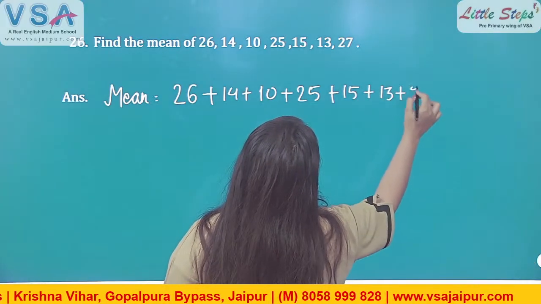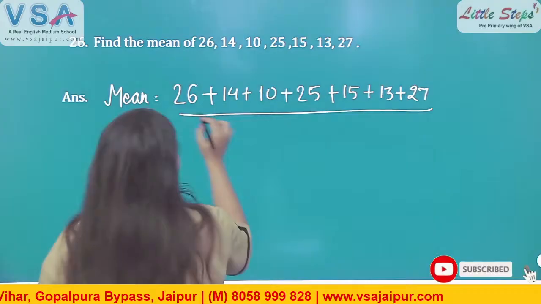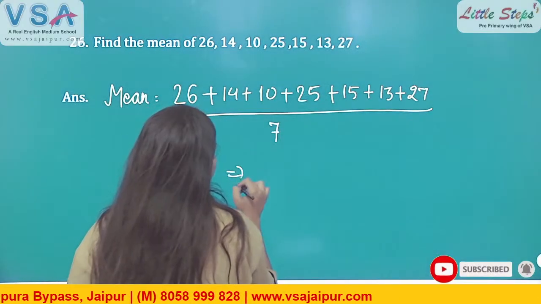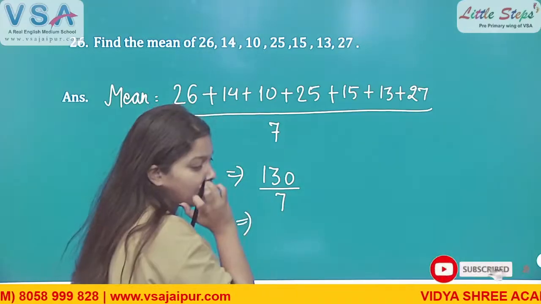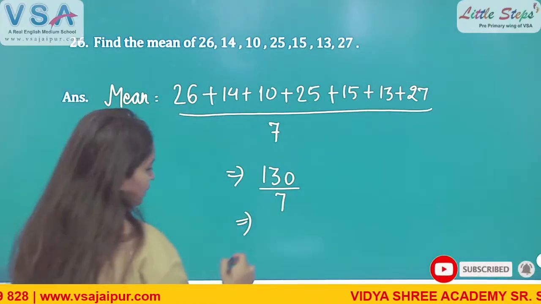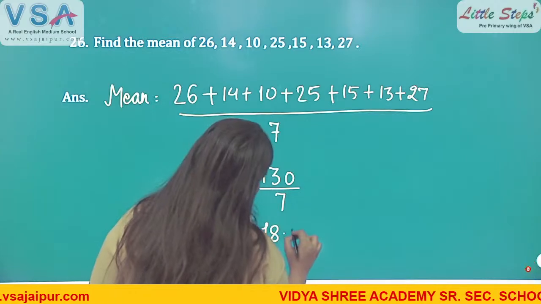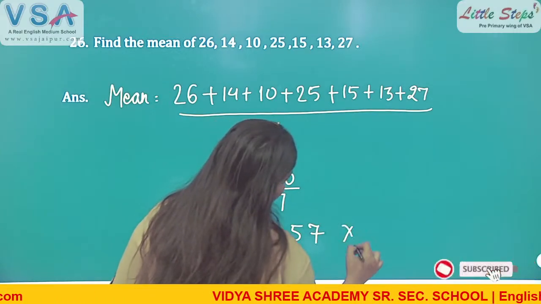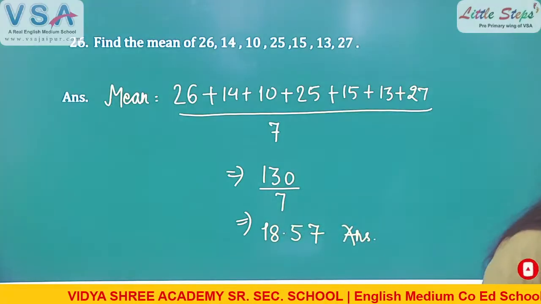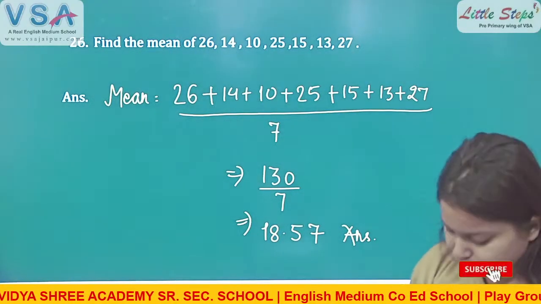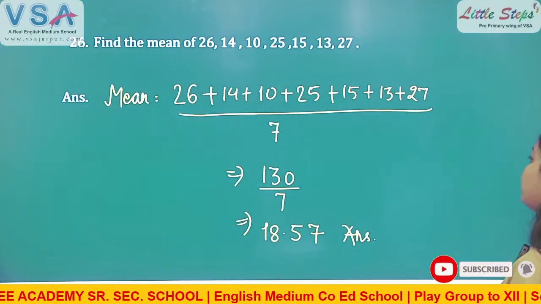The number of observations is 7. So the sum will come 130 and we have to divide 130 by 7. It will come in decimal. 18.57 is the answer. This is how we will do this kind of question. Clear? Yes. Moving on to next question.